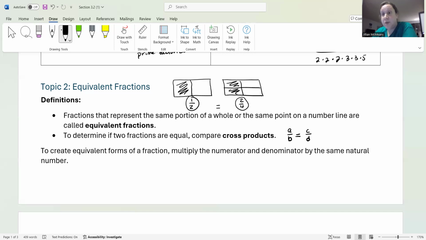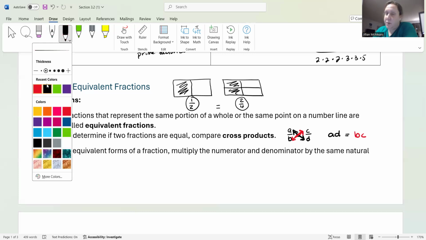We can multiply the diagonals, and if those cross products are equal, then the two fractions are equal. So we would multiply a and d, and if that equals b times c, then we can say the two fractions are equal.